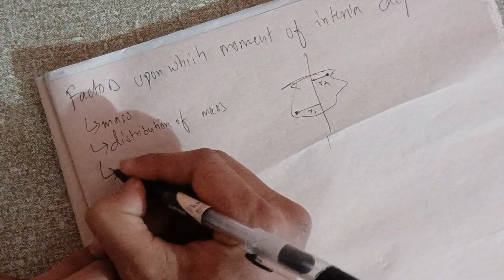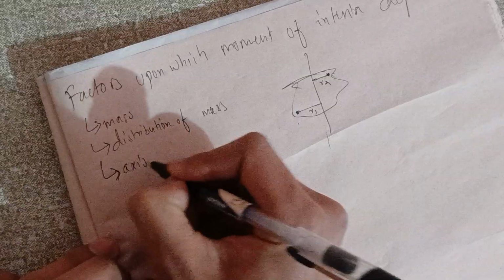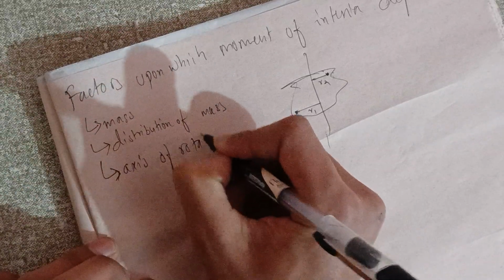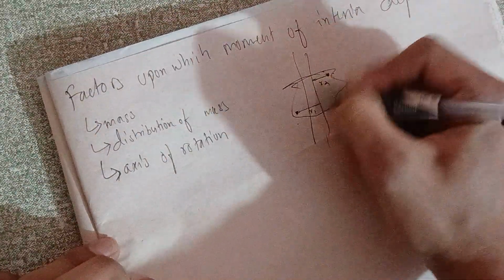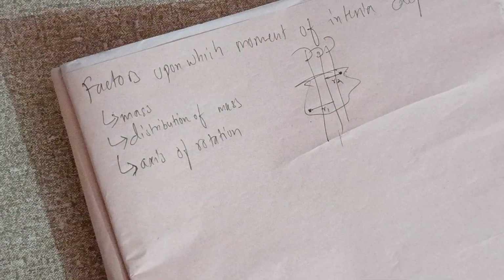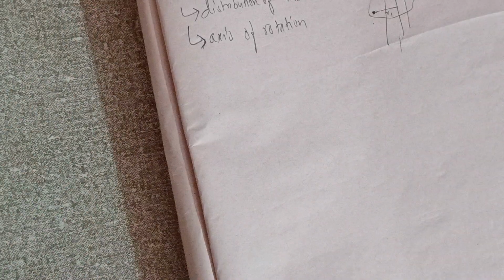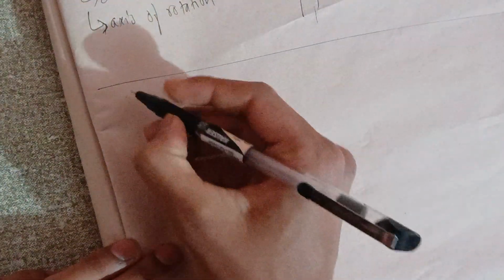The third factor is the axis of rotation. If this changes, of course the moment of inertia also changes. Okay, now we're going to radius of gyration.